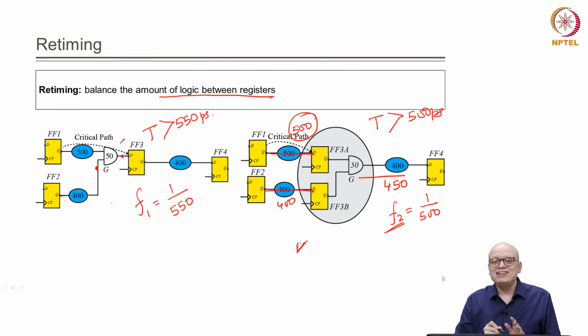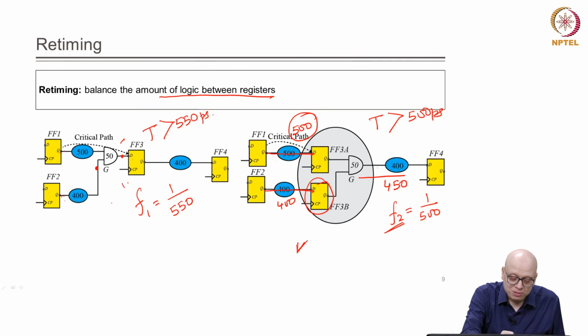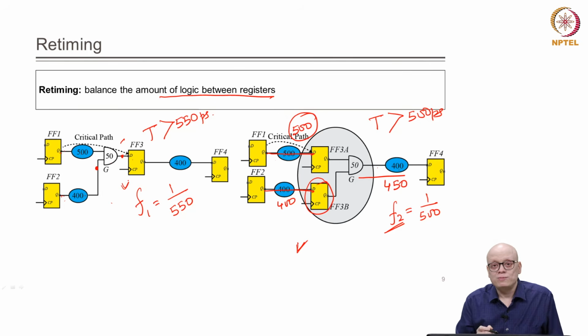But what penalty did we pay? We paid the penalty of extra flip flops, right. Earlier we had only one flip flop. Now, we have 2 flip flops. This kind of transformation is known as retiming.